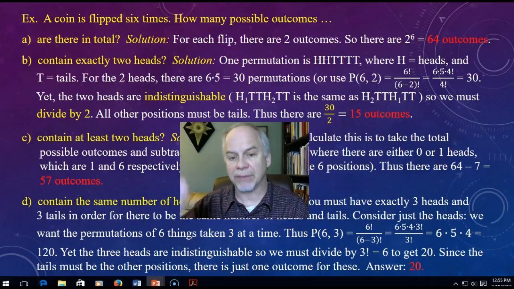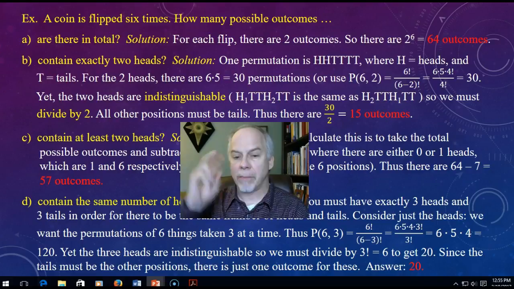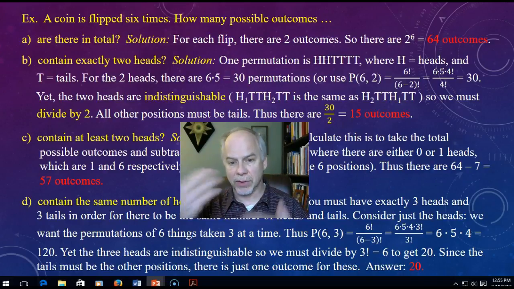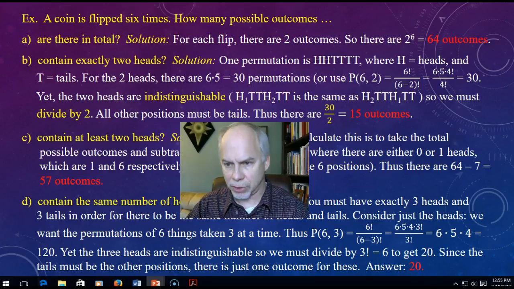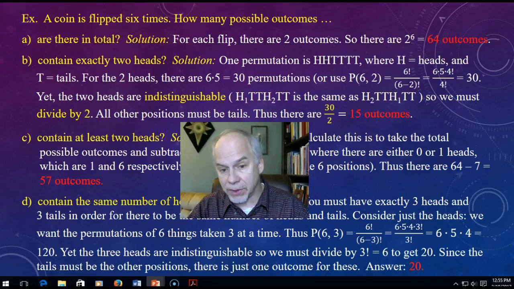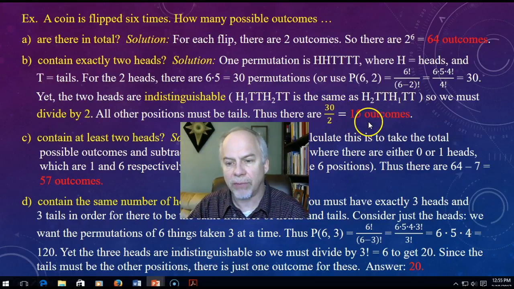And so we actually have to divide this result by 2 because we're counting twice as many. We're counting them as if the two H's are distinguishable, but you can't tell the difference between the two H's. So we have to divide by 2. And then of course all the other positions you'd say are tails. So there's a total of 30 divided by 2, or 15 outcomes.